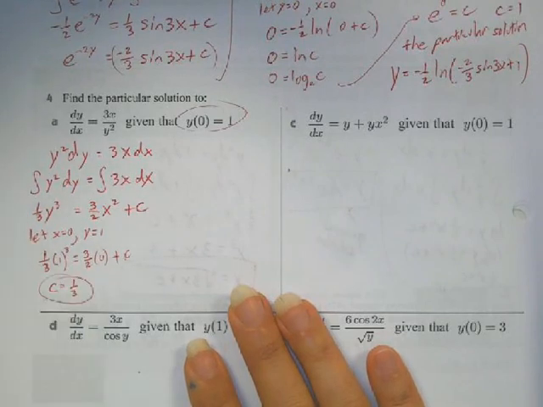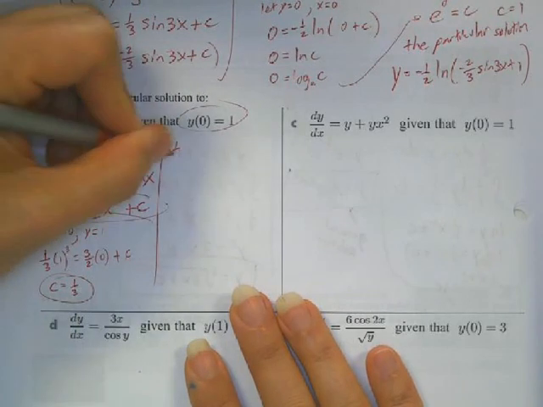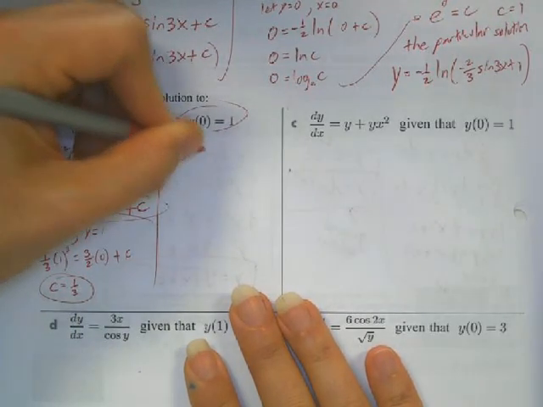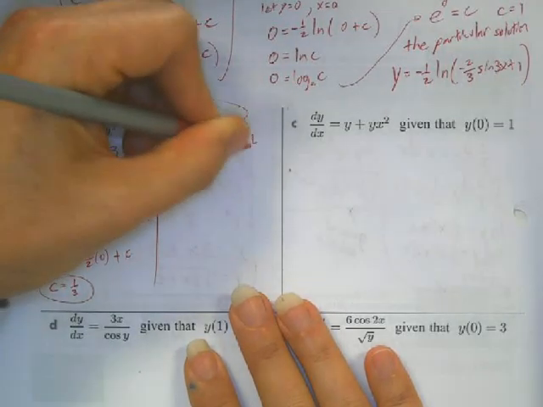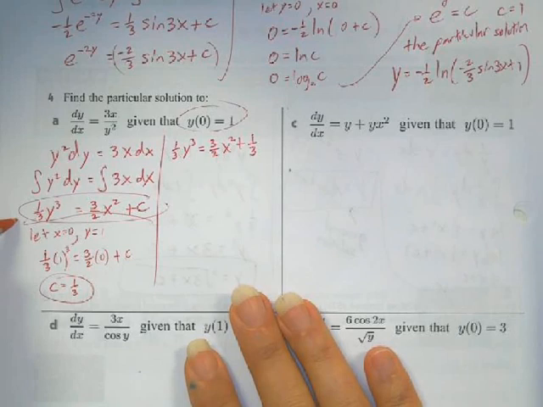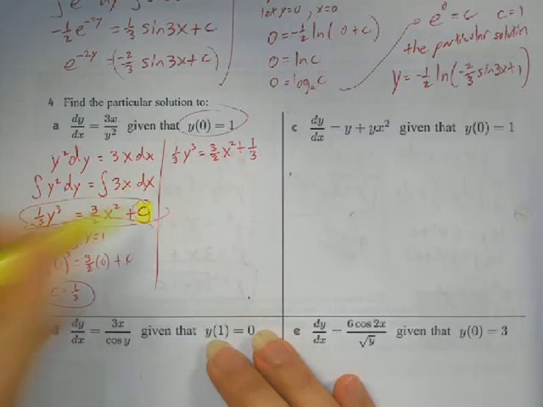Okay, so now if c is 1/3, let's go back to this equation here, where we have 1/3 y cubed equals 3/2 x squared plus 1/3. I'm just taking this here and plugging in 1/3 instead of c.